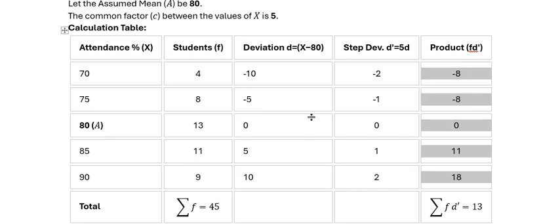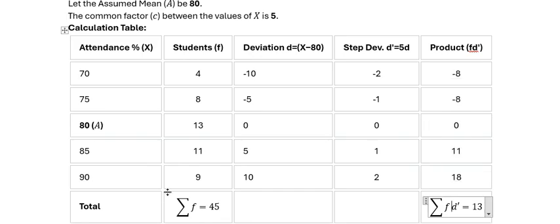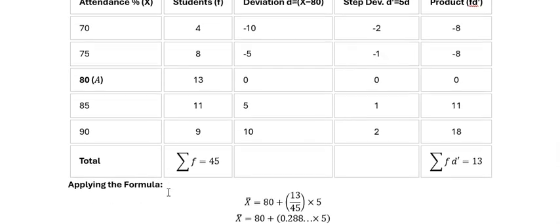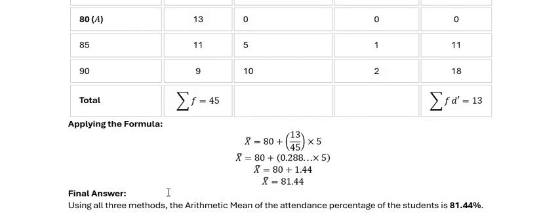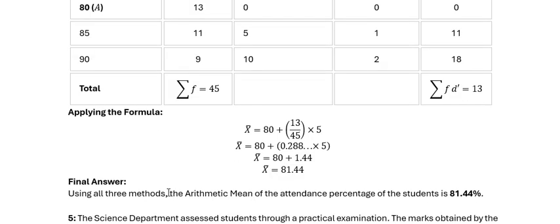Now let's put in the formula. As I have discussed, the formula is mean equal to assumed mean plus sigma fd dash divided by sigma f, into c. So the common difference here is 5. Don't forget this.